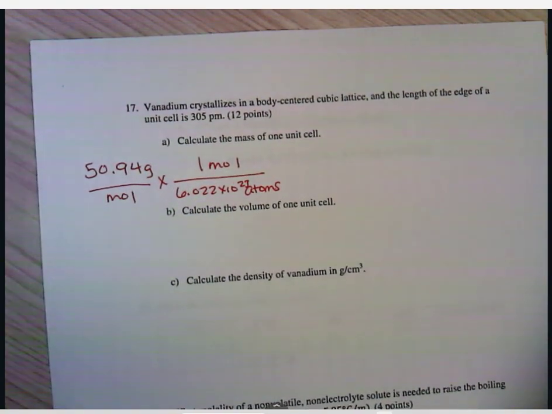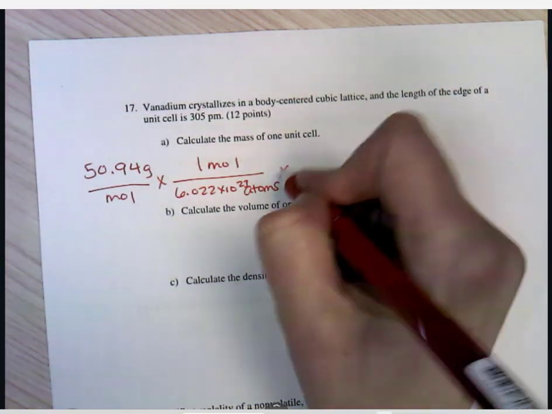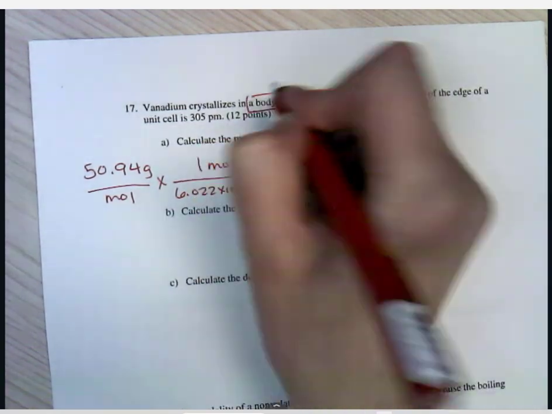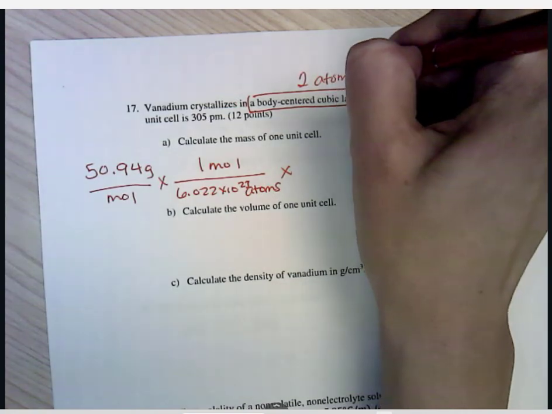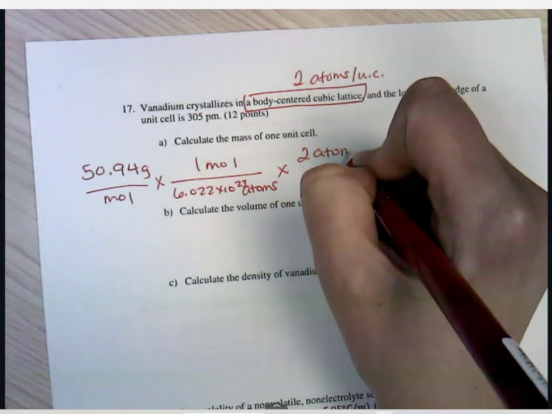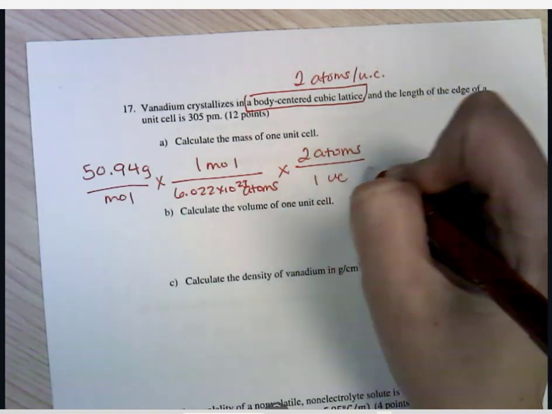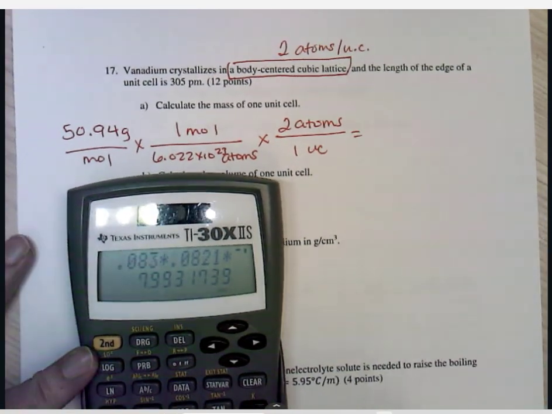There are 6.022 times 10 to the 23rd atoms in 1 mole. And then I use the fact that this is body-centered cubic. Remember, that means it's 2 atoms per unit cell. And so I can put this in my calculator.